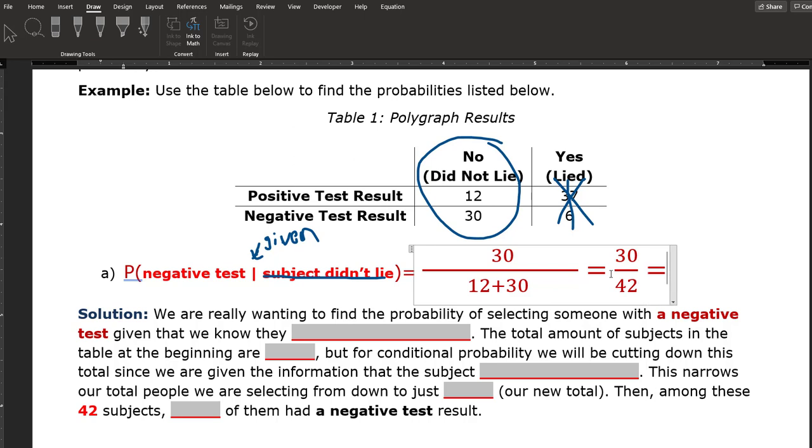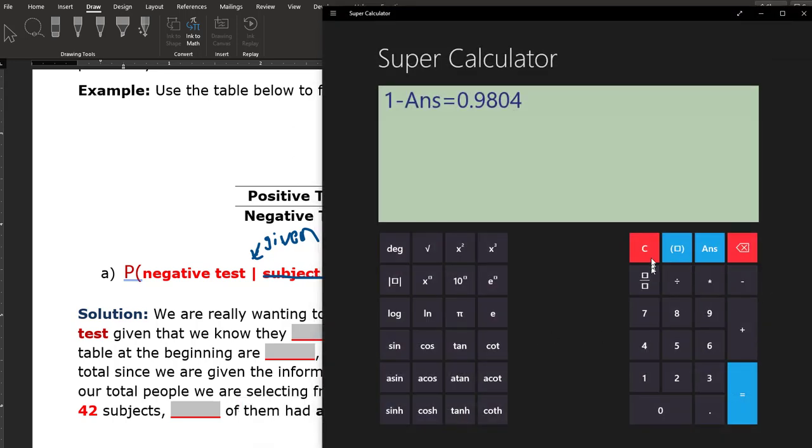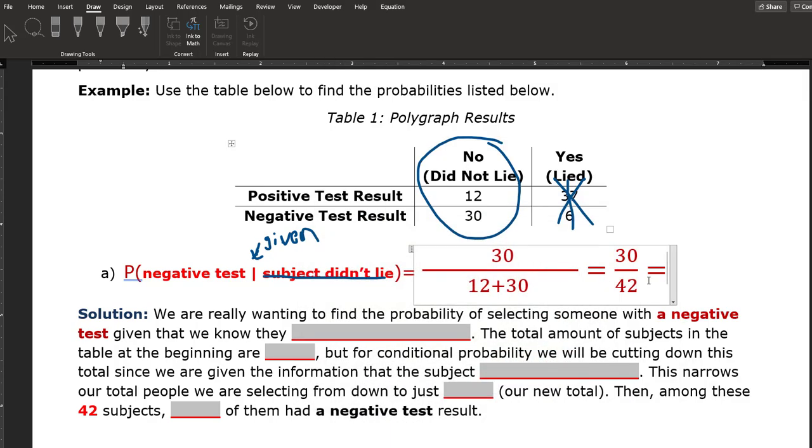And you definitely want to simplify that as much as you can. I'll make it a decimal real quick with my calculator. 30 over 42 is 0.71. We'll do 3 decimal places: 0.714.